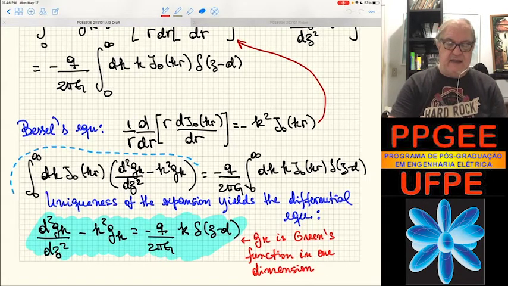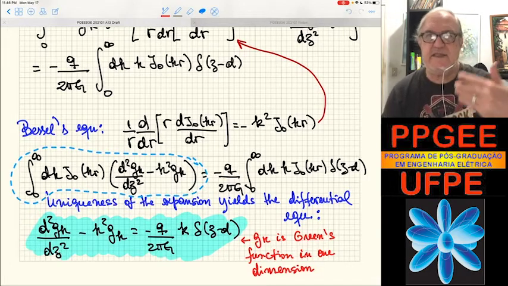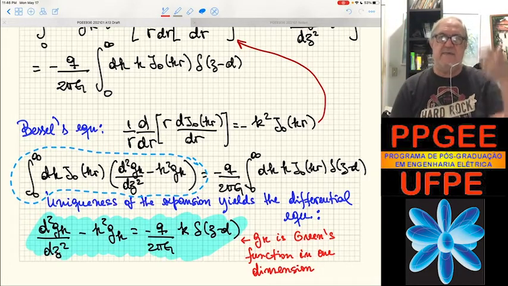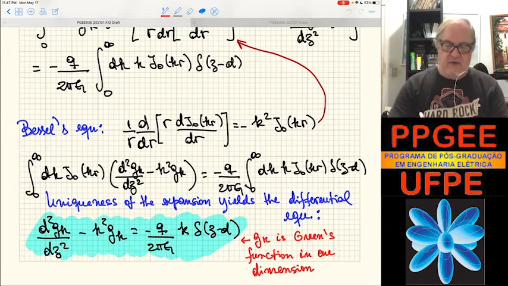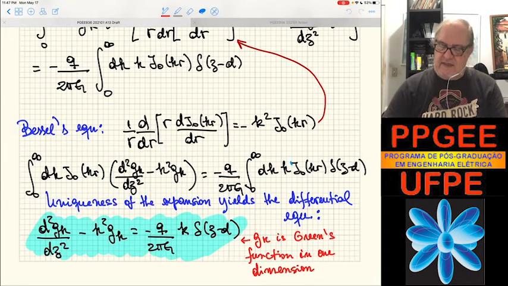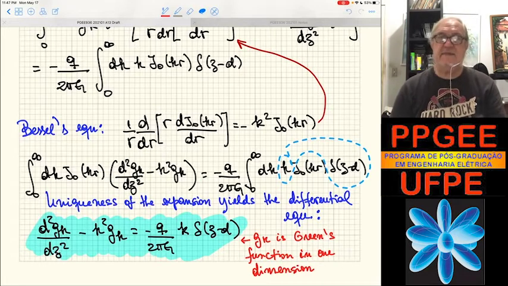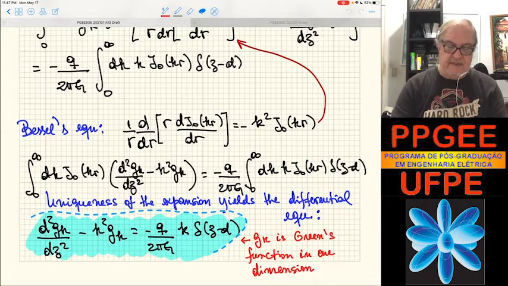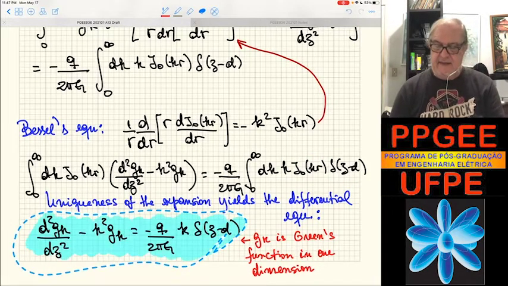And again, recall that we have an expansion. You have to look at this as being an expansion. The integral is like a sum, right? Term by term of the expansion. The coefficient of J0, which is this one, has to equal the coefficient of J0, which is this one here. Okay? k times delta of z minus d. So we have a differential equation that has to be satisfied by gk.